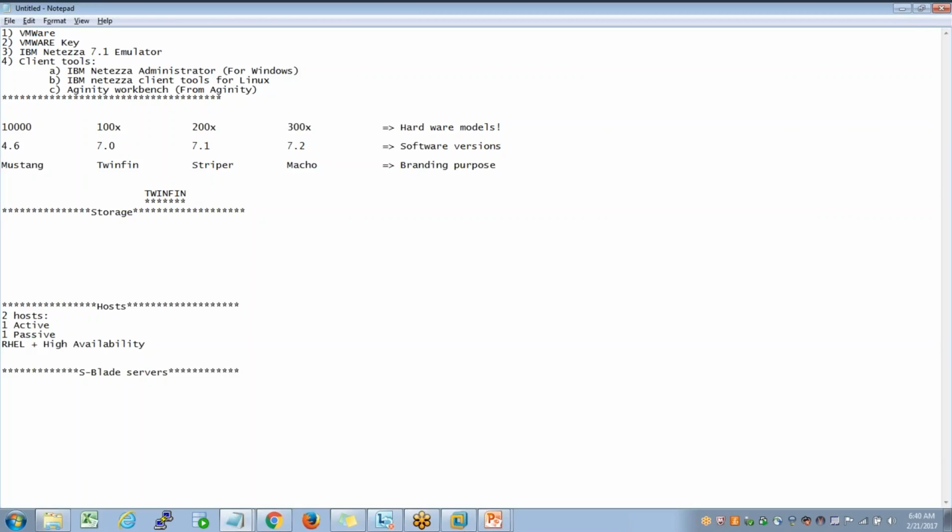If one goes down, the other one will pick up automatically, or you have an option to fail over manually as well. Netezza took the RHEL source code and customized it for Netezza needs. And this contains automatic failover also. There is a clustering in between them.